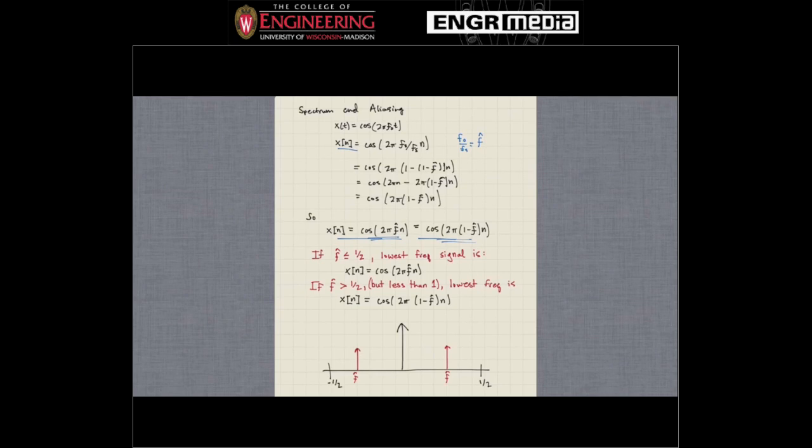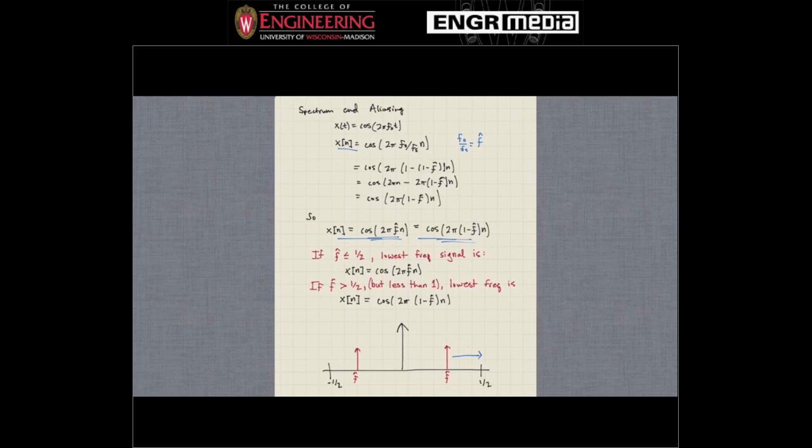All right, so what's going on with the spectrum here? Well, we can think of this picture that I have drawn below, and any time that f hat is less than 1/2, we're okay. Right? And if it still hits 1/2, it's still okay. Right?